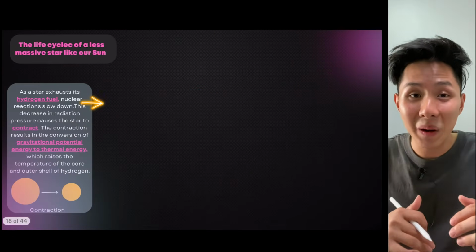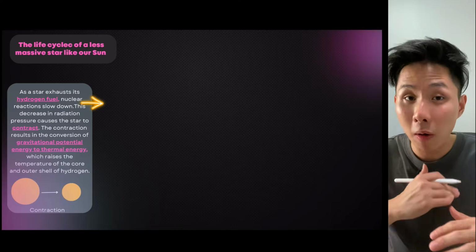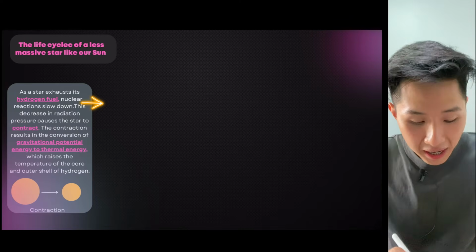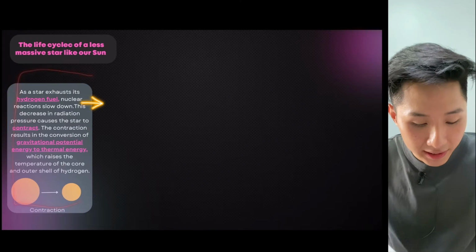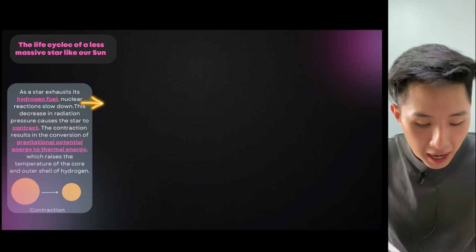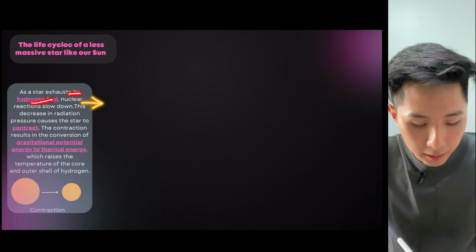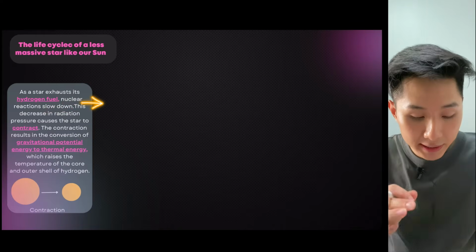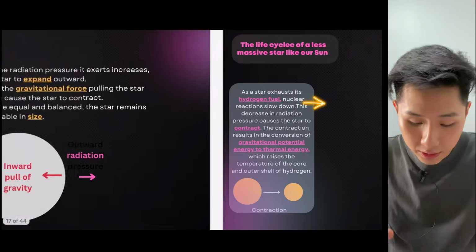And let's look into its life cycle, meaning what will happen after millions and billions of years. So as the star continues to burn, carrying out nuclear fusion, it will run out of hydrogen fuel. That's when nuclear reactions slow down, and this decreases the radiation pressure that we talked about.